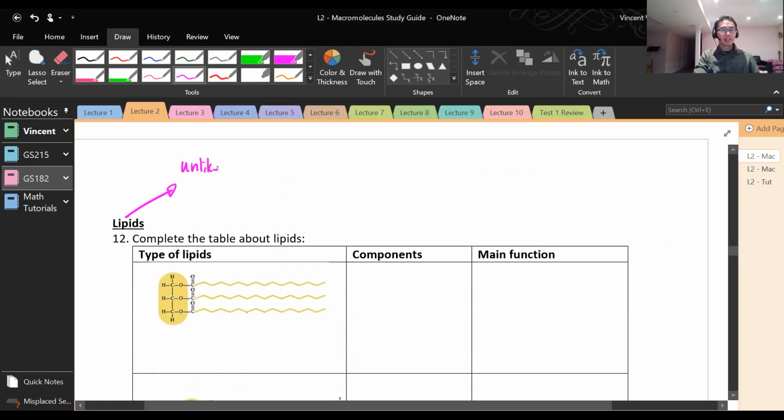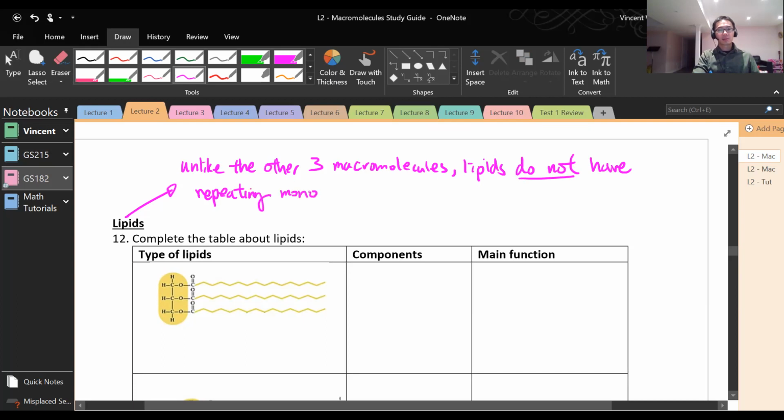Unlike the other three macromolecules, the carbohydrates, the nucleic acids, and the proteins, lipids do not have repeating monomers. Instead, they have components.